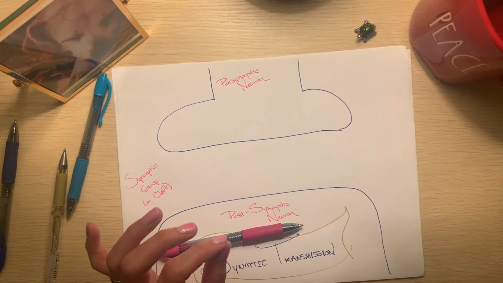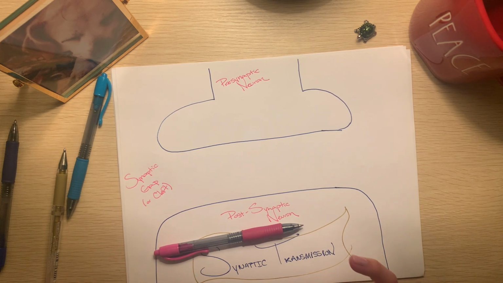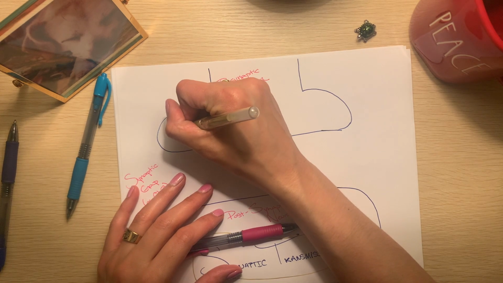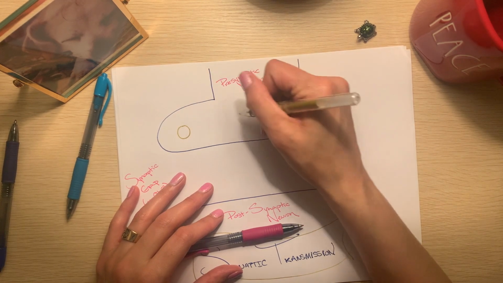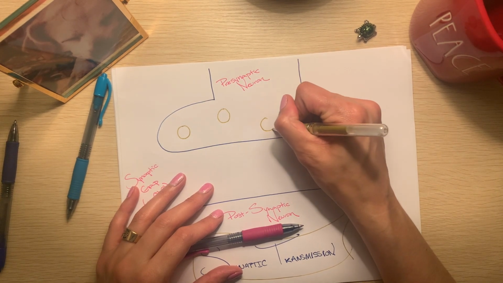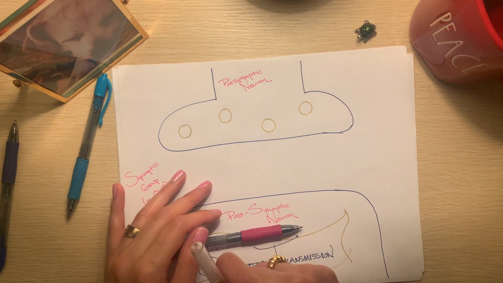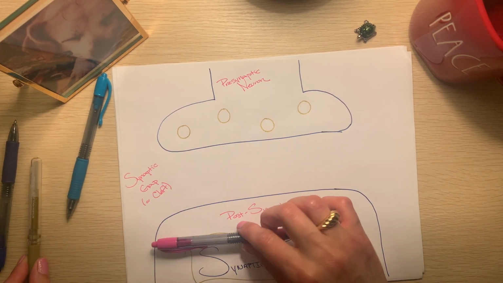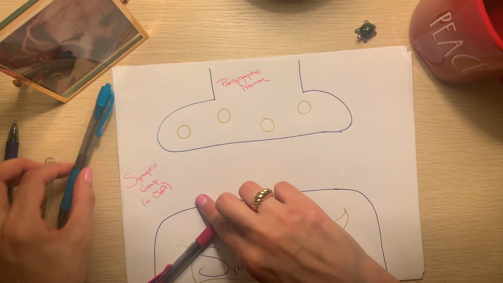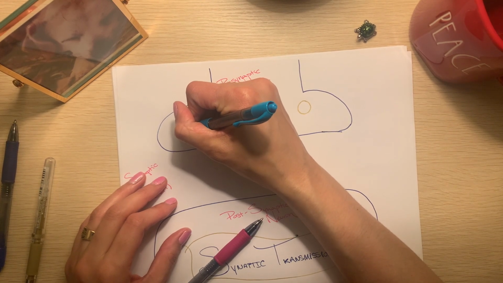Neurotransmitters are chemical messengers that are stored in something called the vesicles. So we're going to draw some vesicles. And each vesicle can contain thousands of neurotransmitters. Let's see, we'll make our neurotransmitters teal.